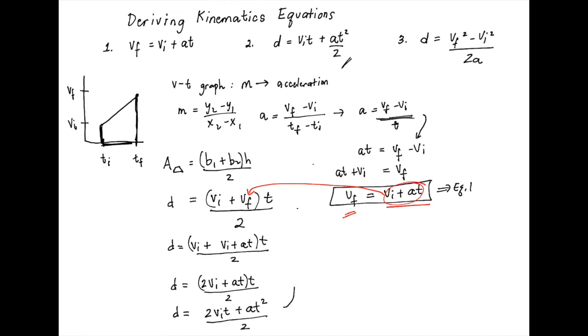Let me simplify again: d equals 2Vit over 2 plus At squared divided by 2. And therefore I could simply cancel. Now we derive our second equation, which is Vit plus At squared divided by 2.